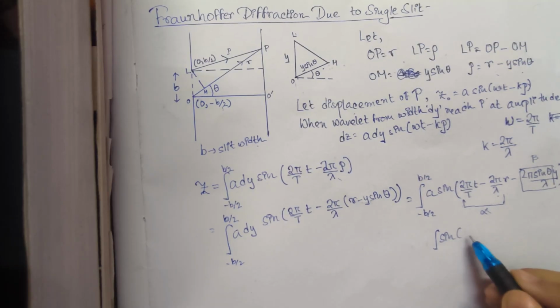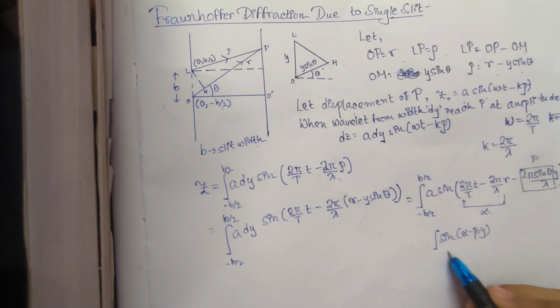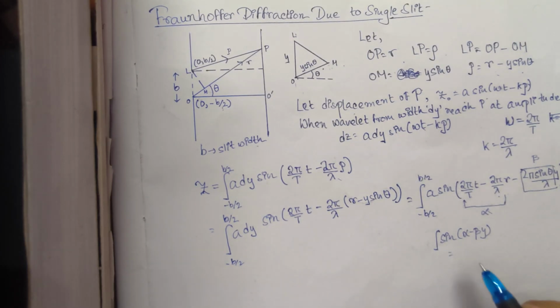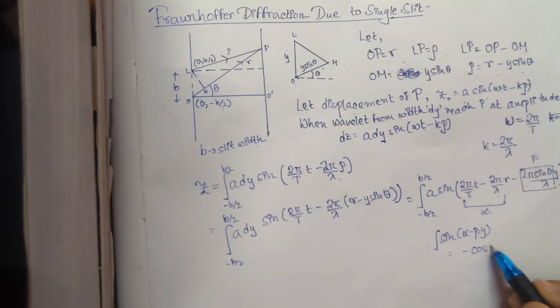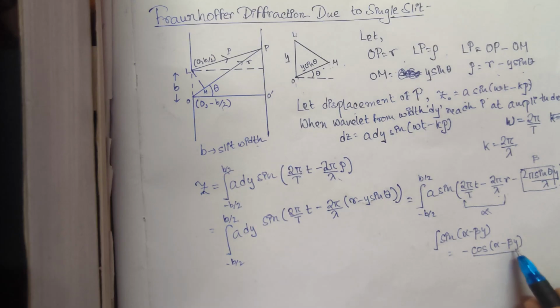the integration of sine of (alpha minus beta y), what does it give? It gives minus cos of (alpha minus beta y), divided by the differentiation of the inside function, that is minus beta.